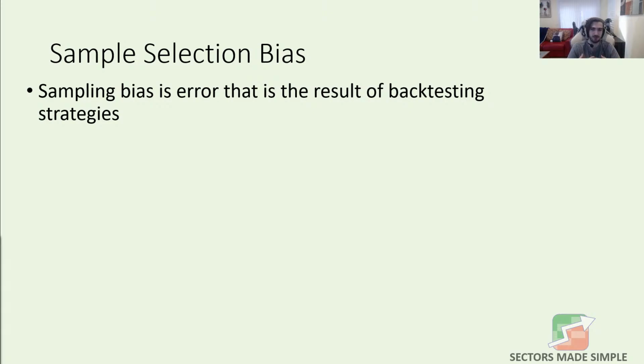So, sampling bias is this idea that depending on how you look at the situation or where you choose your dates, for example, it will change the outcome of your testing. To put it in different words, when you create a strategy and backtest, you say, since March of 2020 to today, I beat the market.